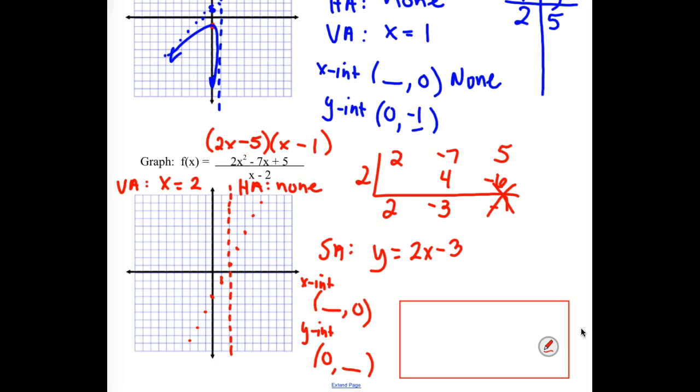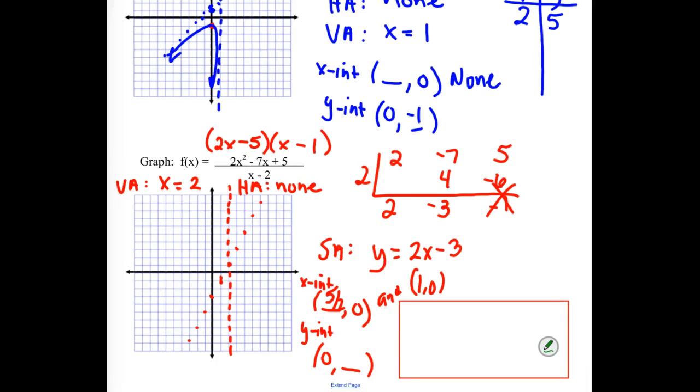What makes 2x minus 5 equal to 0? 5 halves. Okay, and what makes the other one? All right, so we have 2 x-intercepts. One of them is at 5 halves, or 2.5. And one of them is at 1.